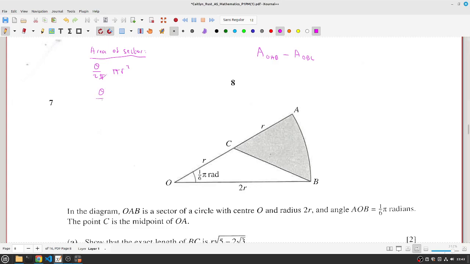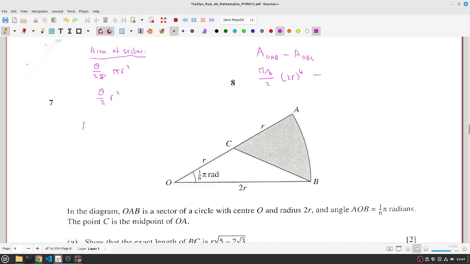And we'll just have the angle of the sector over 2 times by r squared. Okay, so the angle of the sector, which is pi over 6, divided by 2 times the radius squared. And the radius of our sector is 2r, so that's squared. So that's the area of our sector minus the area of the triangle.